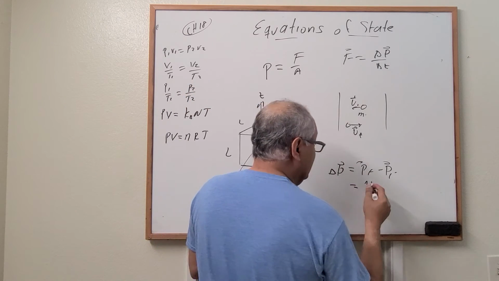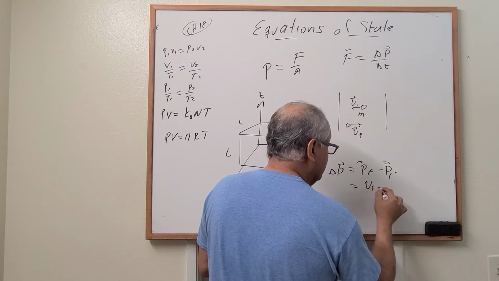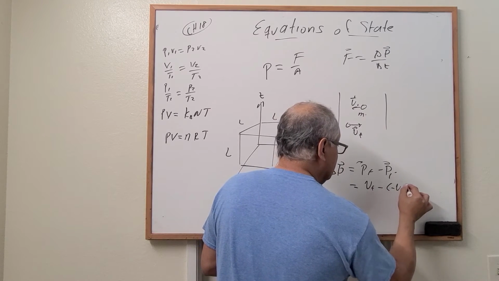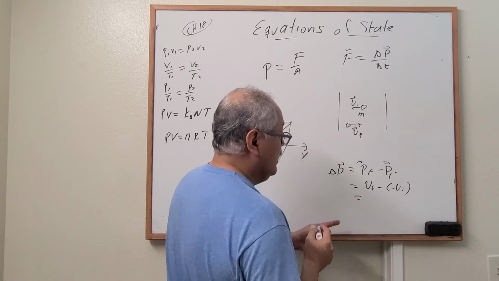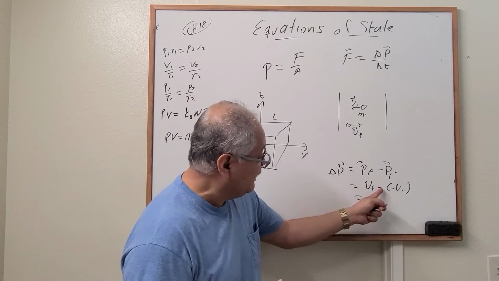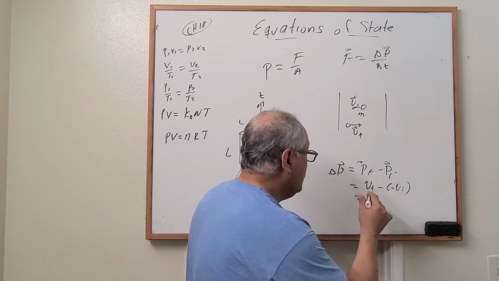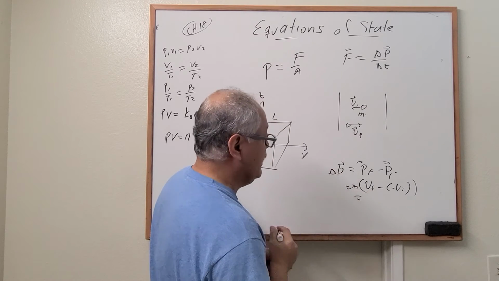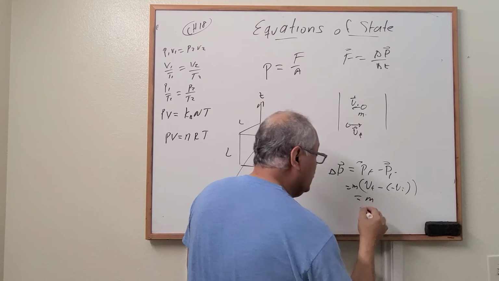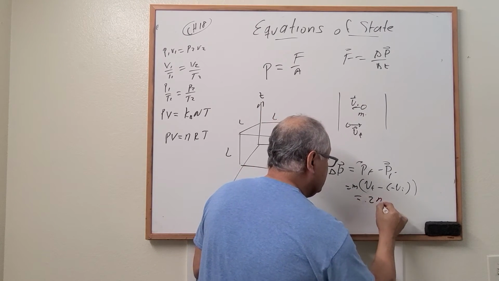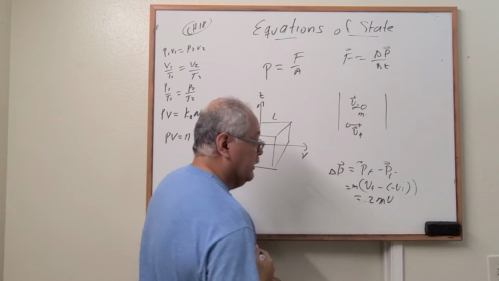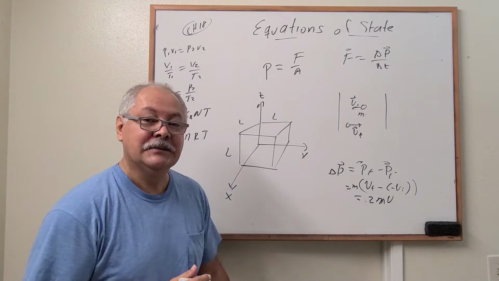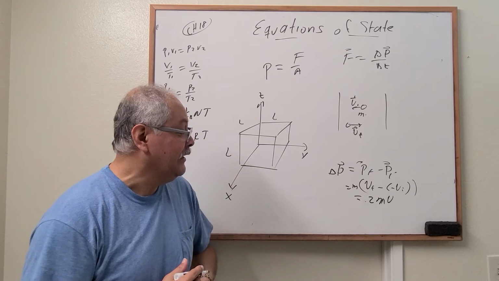So it's final minus initial, which equals, because the magnitude is the same and this becomes positive, twice the mass times v, the speed, or the magnitude of velocity.